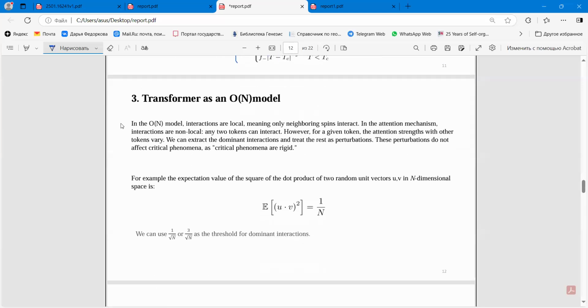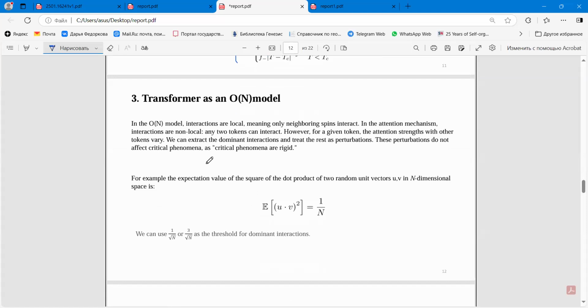So in the O(n) model, interactions are local, meaning only neighboring spins interact. In the attention mechanism, interactions are non-local. Any two tokens can interact. However, for a given token, the attention strengths with other tokens vary.